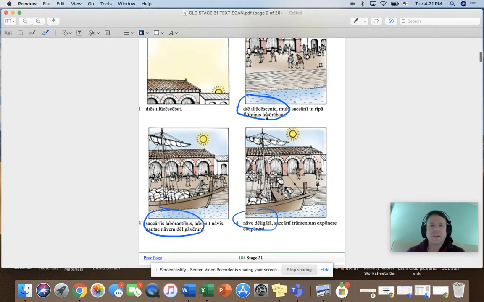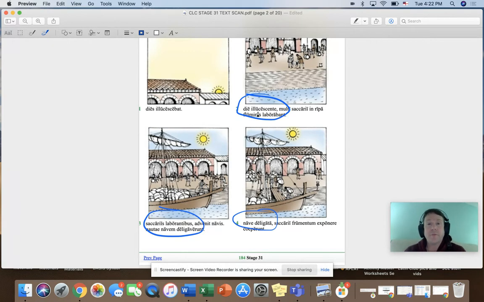Look back at the model sentences here. I've circled die illucescente, sacris laborantibus, nave delegata. I asked you what case die and illucescente were, and you all said ablative. You identified illucescente as a present active participle.